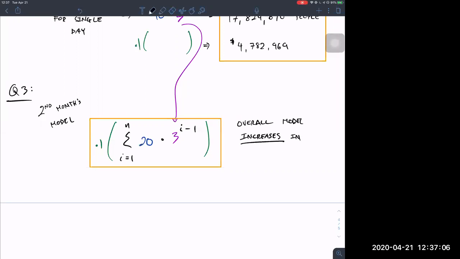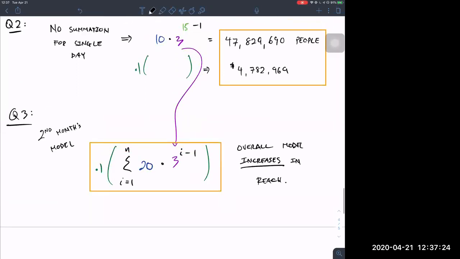I want to be a little vague here because I don't know if it's going to be YouTube viewership or Instagram following or TikTok dancing or whatever. In reach, right? Do I know how much it grows by? Not necessarily, because you don't know how your growth is going to be. The easiest way to think about it is that it's going to double because it went from 10 to 20.